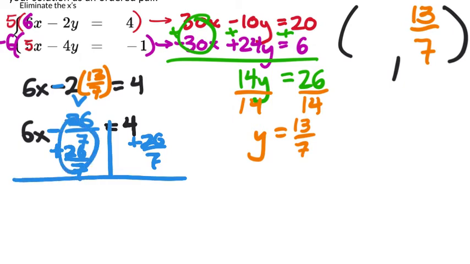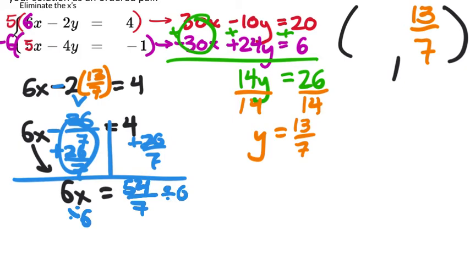And that'll zero that out, but I need to drop my 6x's. And for the 4 plus the 26/7, I'm going to use my calculator for that one. So my calculator gives me 54/7 there. And then I still need to divide both sides by 6, though. So divide by 6. x then equals 54/7 divided by 6, which in the calculator gives me 9/7 there.